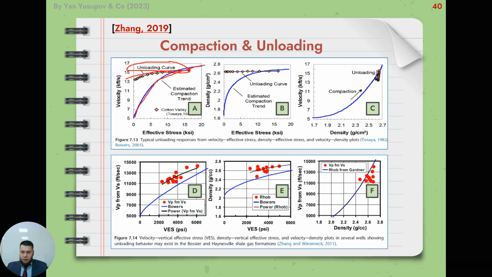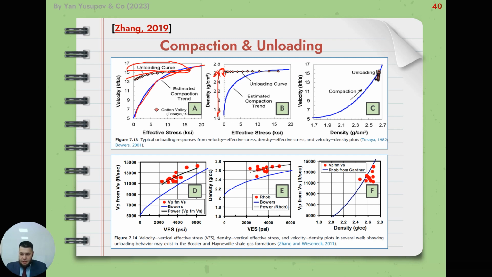Unloading occurs along a flatter effective stress path than the initial compaction curve in the velocity and density curves. The upper chart also indicates that density changes very little in the unloading condition compared to the compaction condition. Okay, this is the change of density in the compaction condition, and this is a little change in the unloading condition.